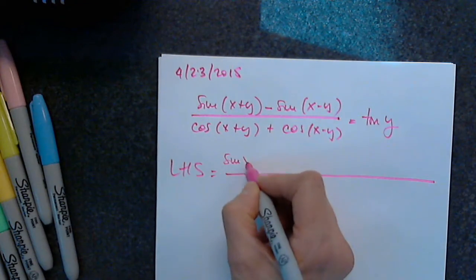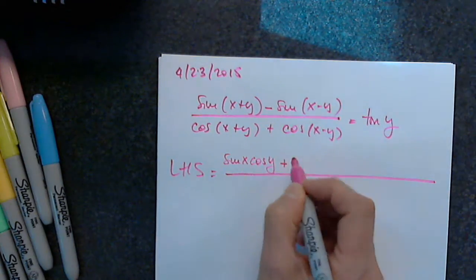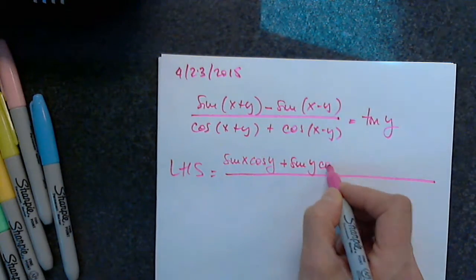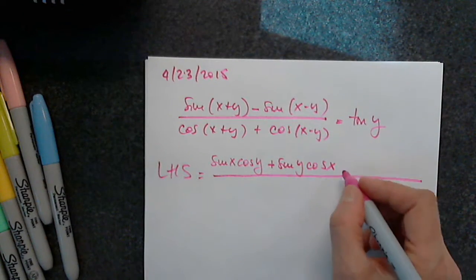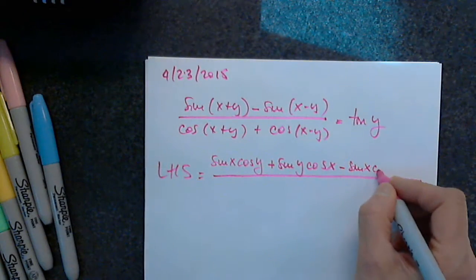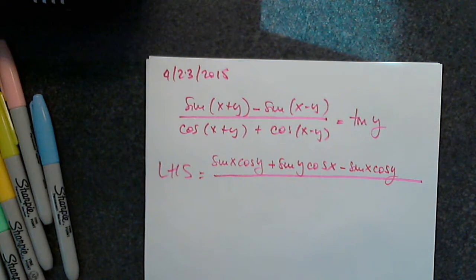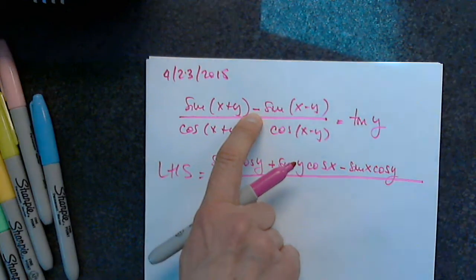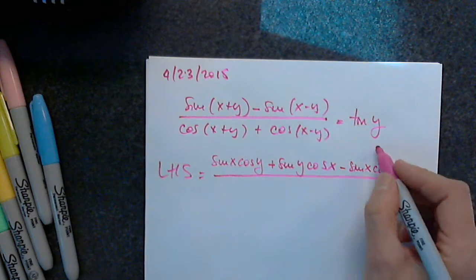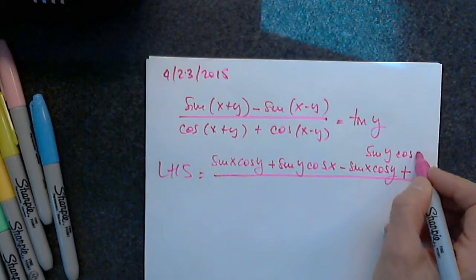So I have sine x cosine y plus sine y cosine x, minus sine x cosine y. I should write minus, but there is a minus in front, so I will put plus sine y cosine x.